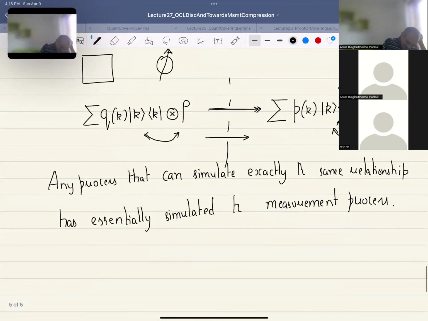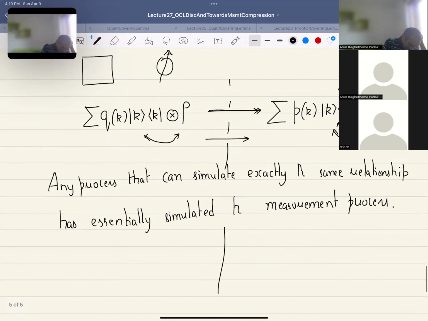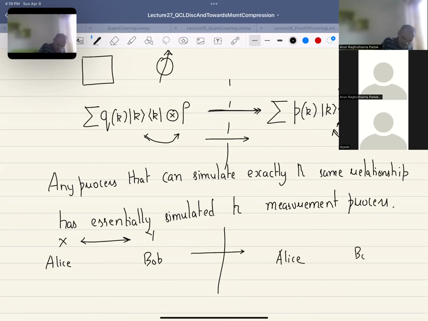This is similar to a situation where, suppose, Alice is observing X and Bob is observing Y. Suppose there is absolutely no relationship between X and Y; they're completely independent. X observes something, Y observes something. As against that, there is some relationship between what Alice observes and what Bob observes.